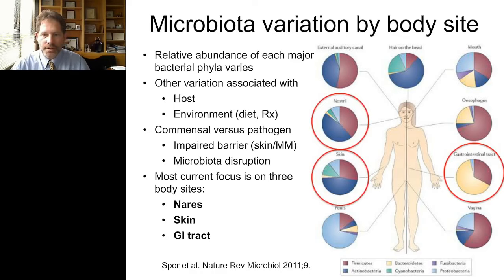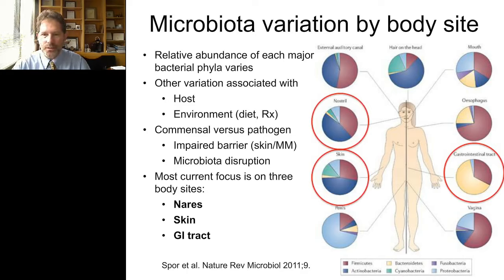There are other factors associated with variation of microbiota from person to person, a lot of host factors, environmental factors, including diet, as well as treatment factors like exposure to antimicrobial agents, which obviously alters the microbiota significantly.